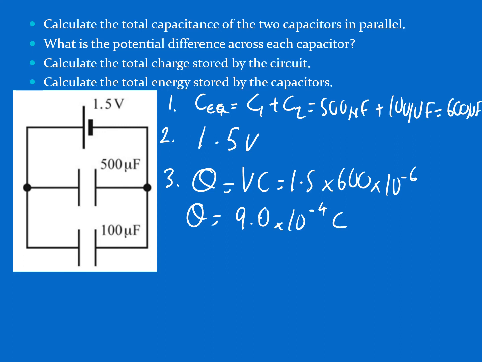Final bit is to calculate the energy stored by the capacitors. So we've got the equivalent capacitance of 600 microfarads, and from earlier on we've said that the energy stored in the capacitors is half QV, so half times the charge which we've got from part 3 times the voltage, which is 1.5.